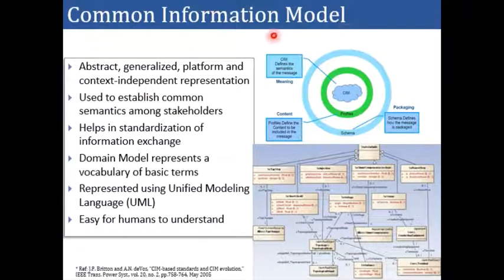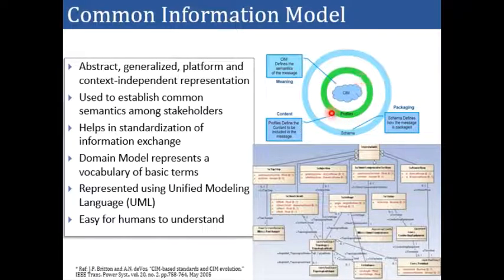Common information model is generally represented as a collection of classes. So it is an abstract, generalized, platform and context independent representation. Abstract in the sense that by default it doesn't have any meaning.